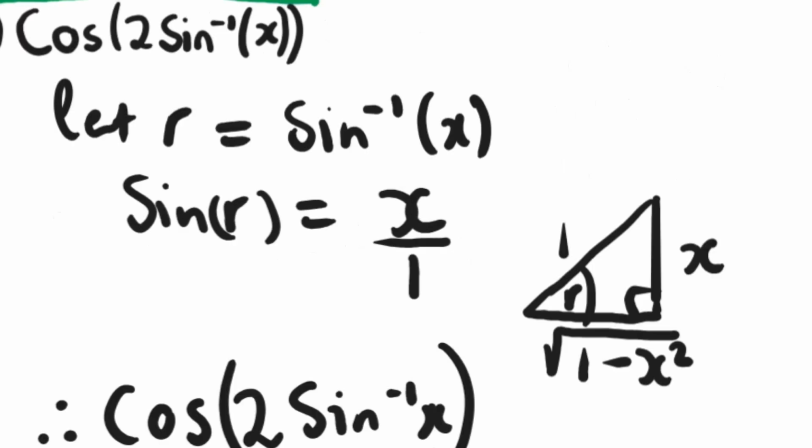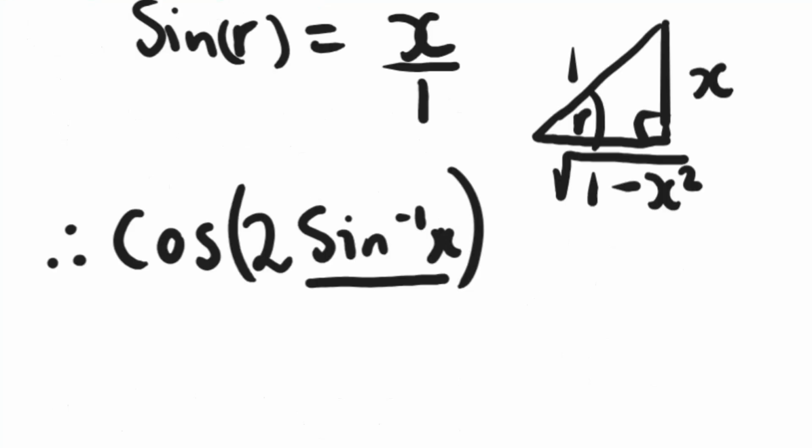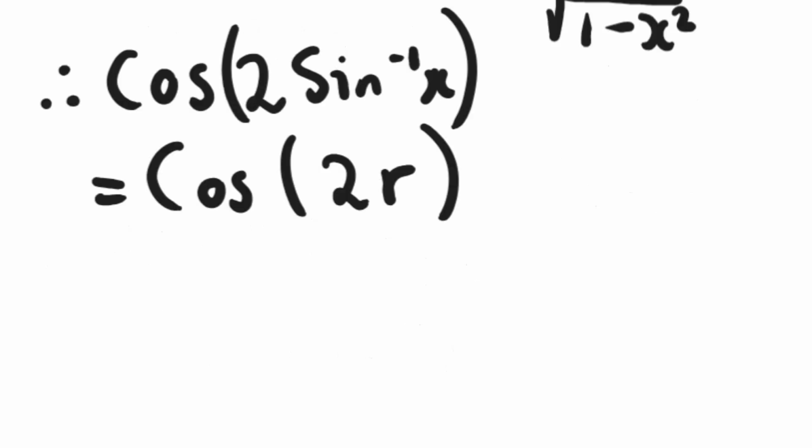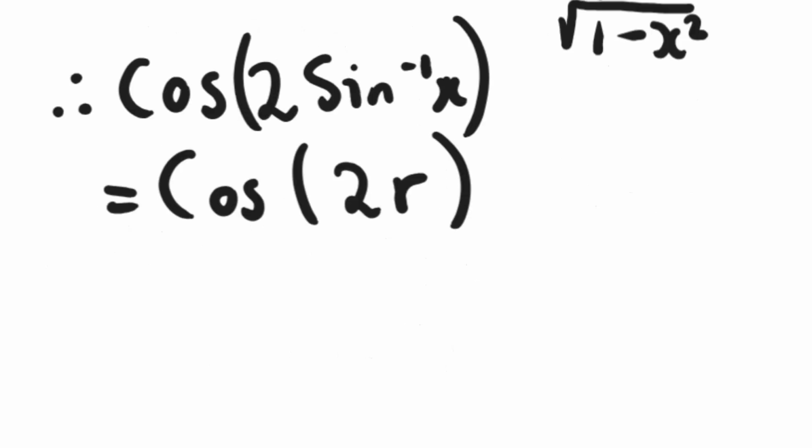We are going to use that r now, replace this arcsine with that r, and then solving the problem will be us solving this thing. We can now just write this is equal to cos of 2r, and from here you do the double angle of cos.